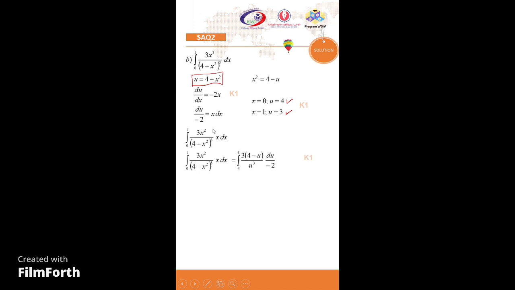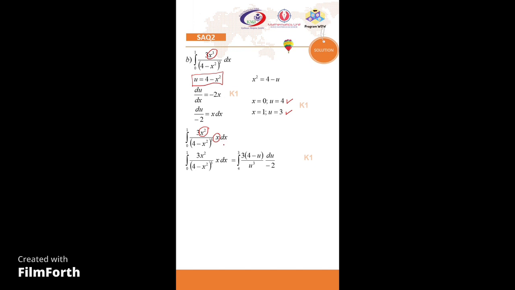Okay, next, you will identify the expression. Since you have x to the power of 3, you can separate x cubed into x squared and x.